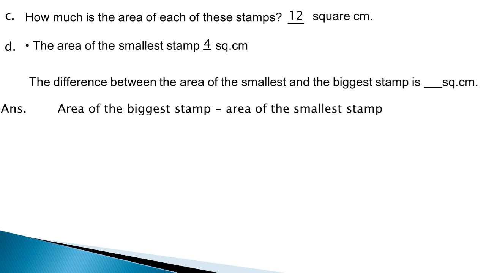For that, you need to know the area of the biggest stamp and the area of the smallest stamp. So the answer is area of biggest stamp minus area of smallest stamp. The area of the biggest stamp is 18, minus the area of the smallest stamp, 4. So 18 minus 4 is equal to 14 square centimeter.